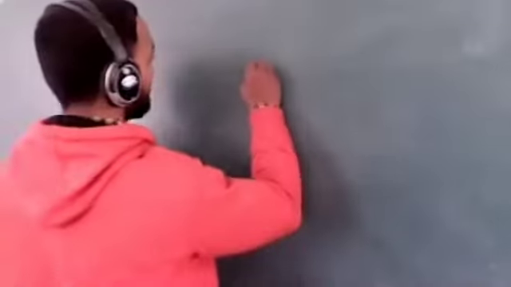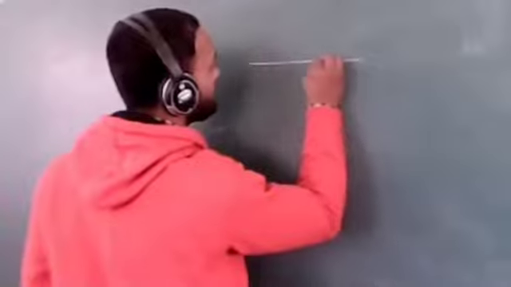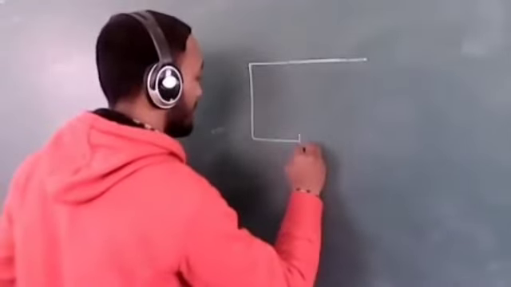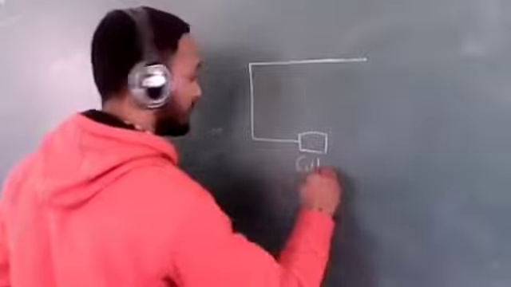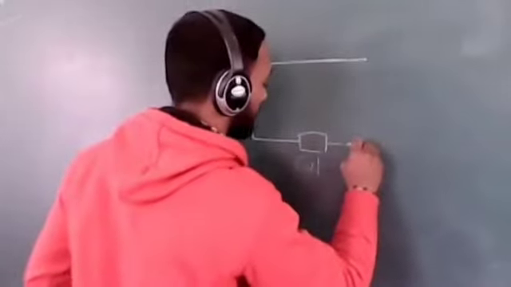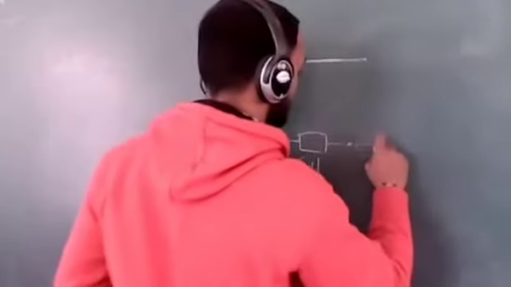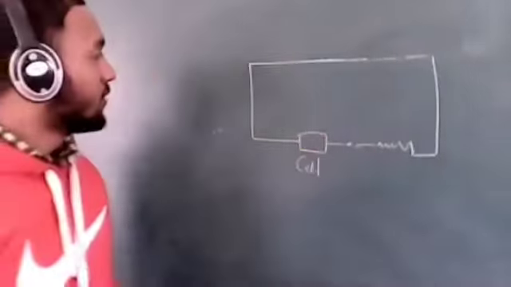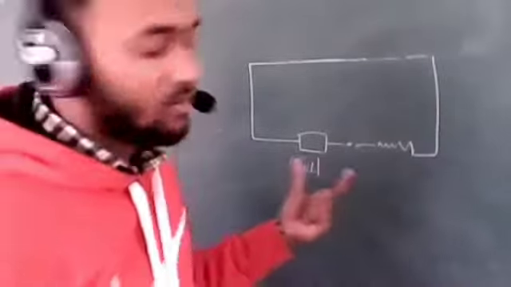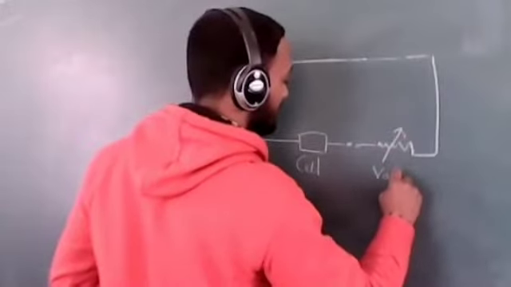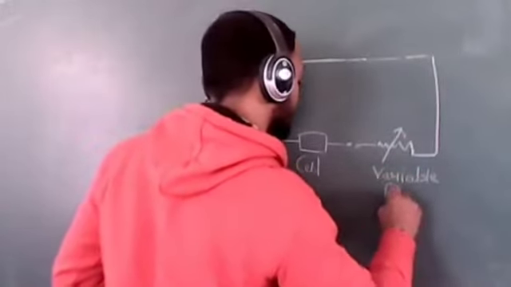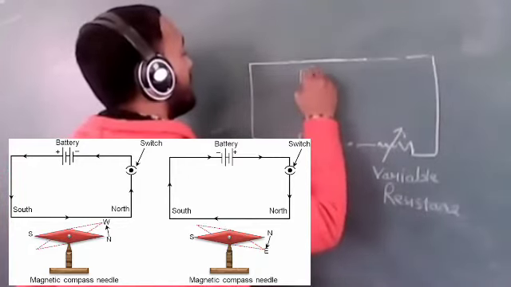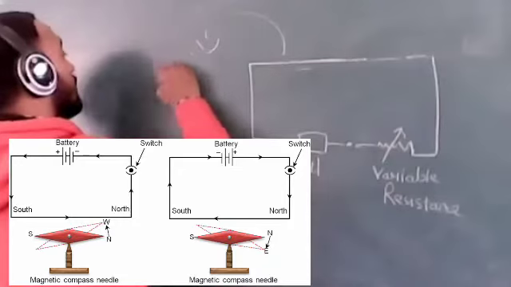In the arrangement you can see in figure 7.12, that is a variable resistance, and this is a thick copper wire.